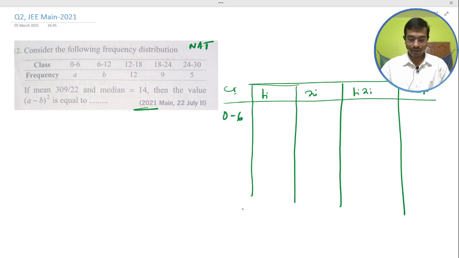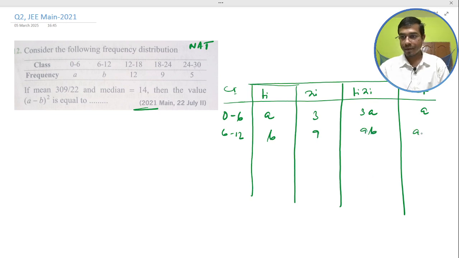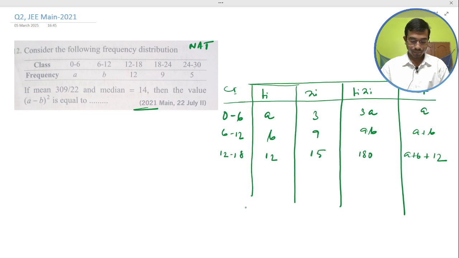Here the class 0 to 6, frequency A, midpoint 3, FI XI 3A, CF A. 6 to 12, frequency B, midpoint 9, so 9B, CF A plus B. 12 to 18, frequency 12 given, midpoint 15, FI XI 180, CF A plus B plus 12.